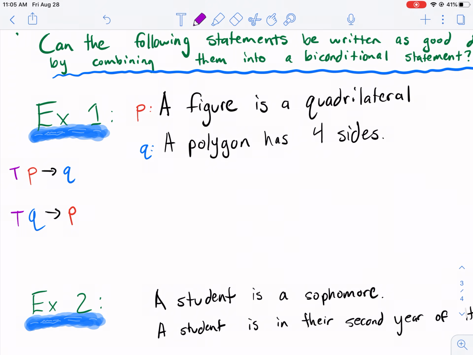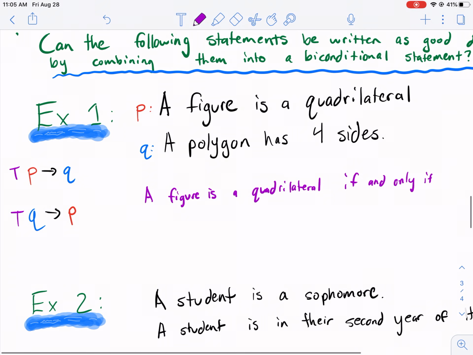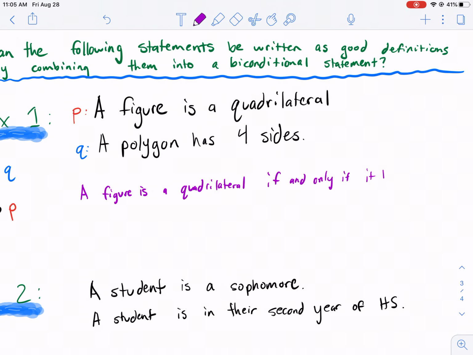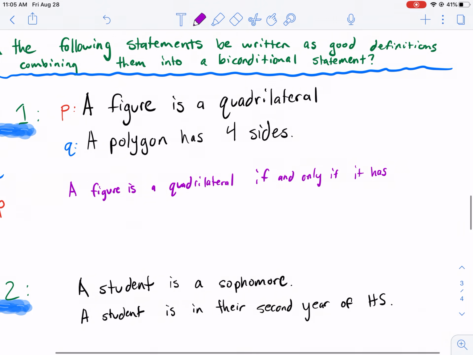Now, we don't start with "if" for biconditionals. We start with the hypothesis. A figure is a quadrilateral. This is our phrase here: if and only if. And we can just say it has four sides. You don't have to repeat "a polygon" because we already talked about the quadrilateral.